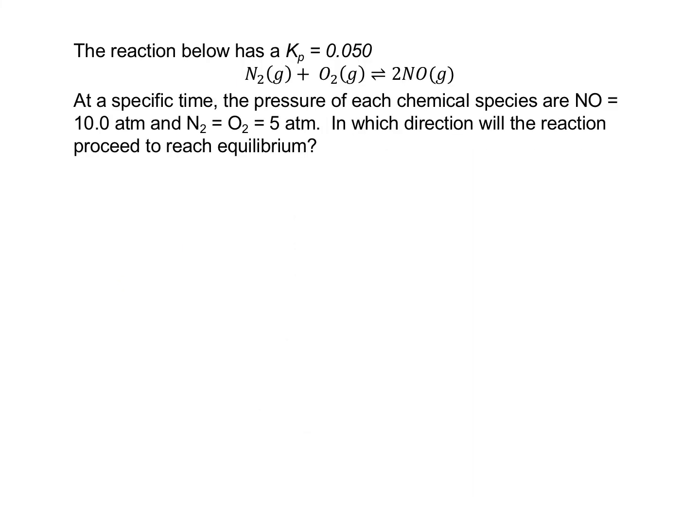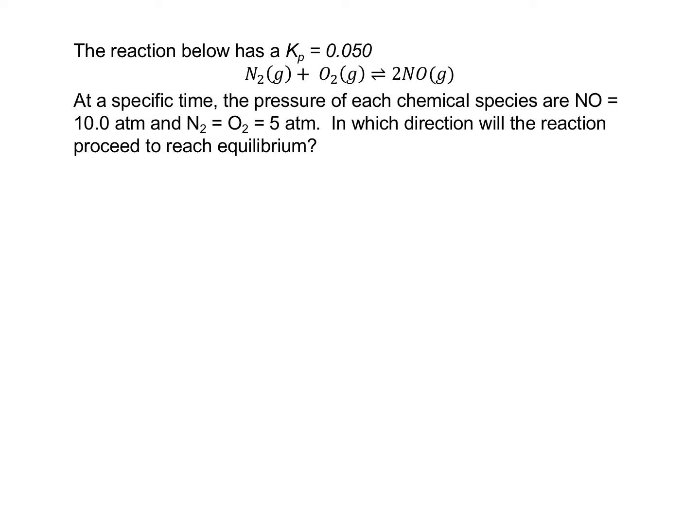Here's an example of how we would use the reaction quotient to determine in which direction the reaction must proceed to get to equilibrium. We're given a chemical reaction, we're told the equilibrium constant, and we're given some pressures. In this case, we have a Kp, so we're working in atmospheres as opposed to molarity. We want to know in which direction the reaction will proceed to reach equilibrium.